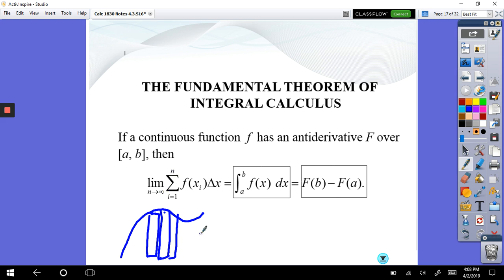So yesterday we did 6 rectangles, 12 rectangles. You just kept going, and you made more and more rectangles until, as n goes to infinity, it ends up being all the rectangles under here, which in fact is just finding the integral from a to b, which is the area under the curve from a to b.